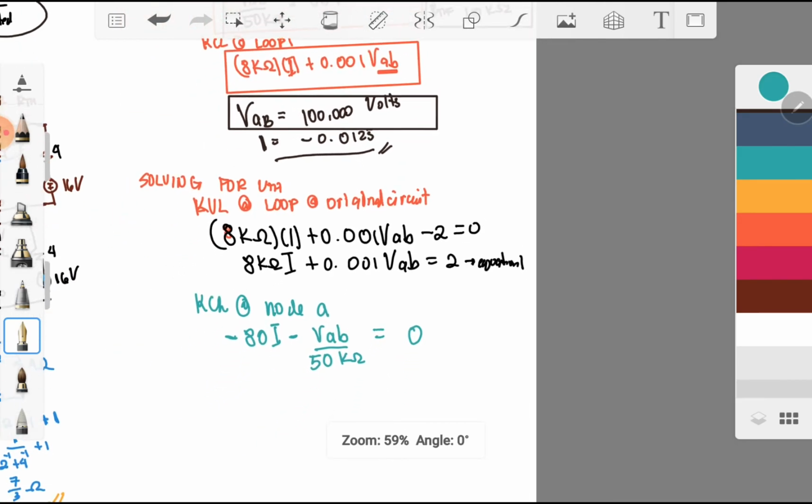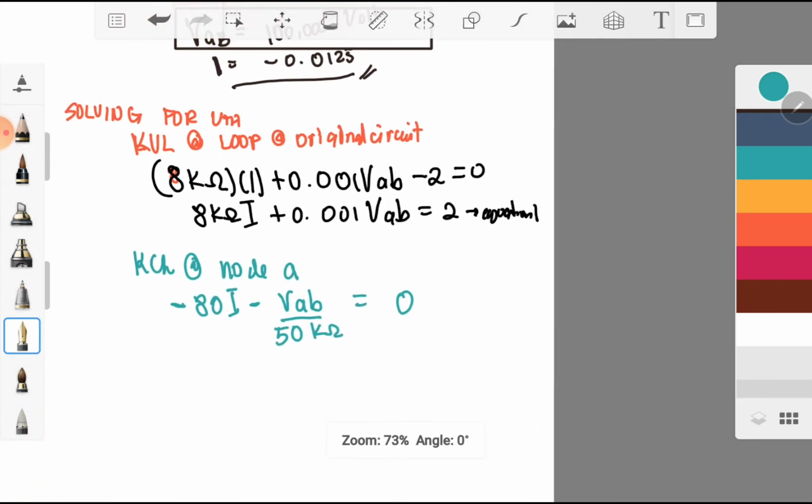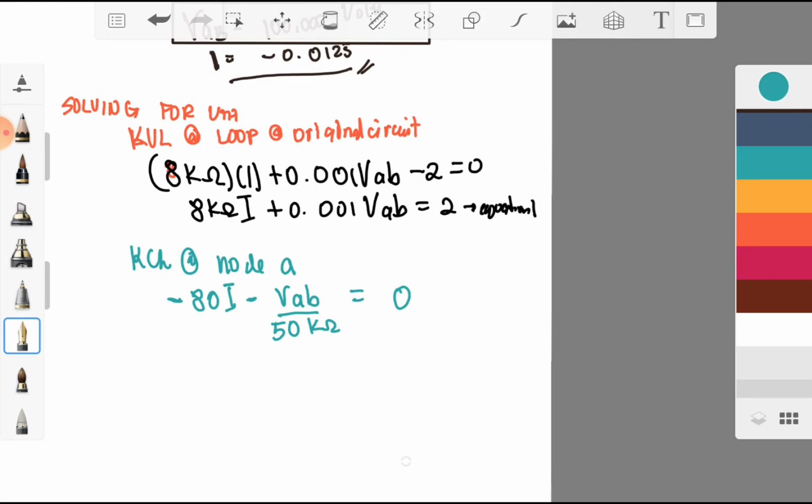Okay? So using your calculator, solving for the values of your I and VAB, so we will have both 5, 1 ulit. And then we have our 8 times 10 raised to 3 for our I, and then 0.001 VAB, which is equal to 2 volts.